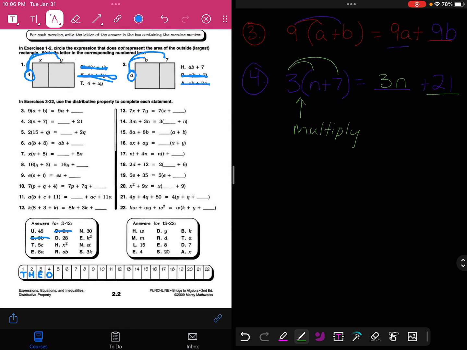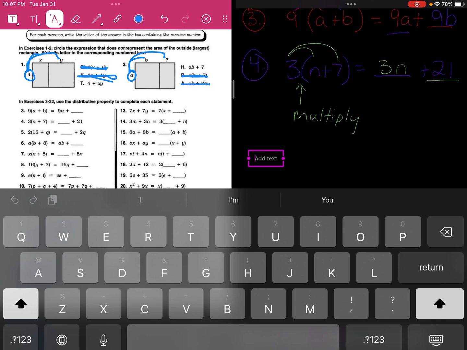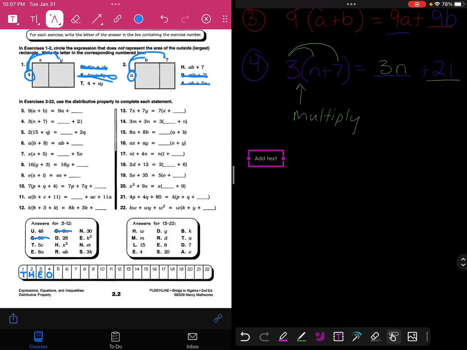All right, let's jump down to number 10. So it says 7(P + Q + 4) equals 7P plus 7Q plus blank.